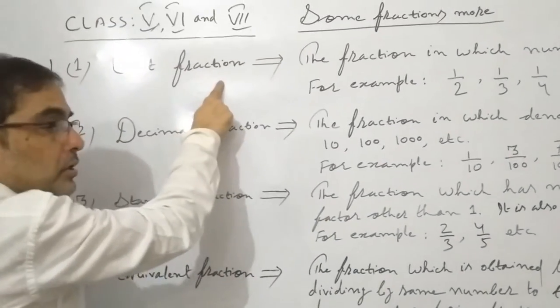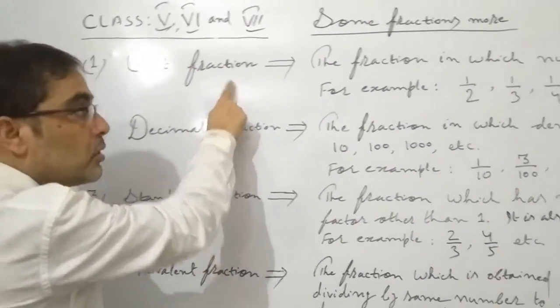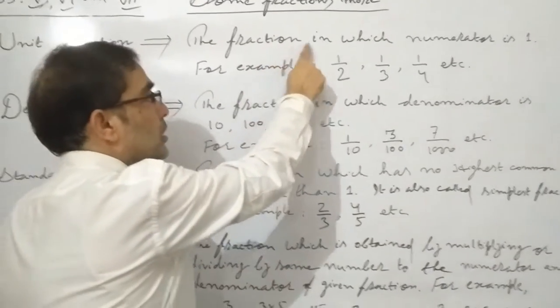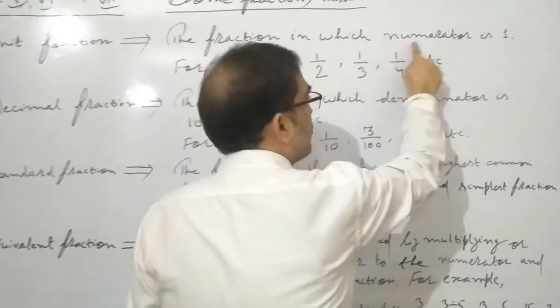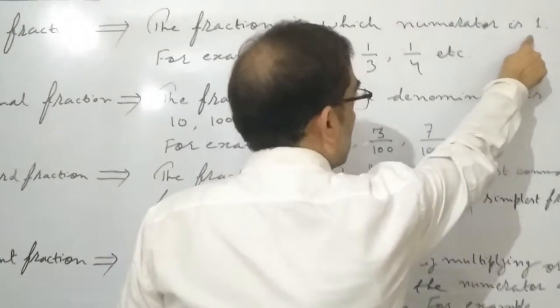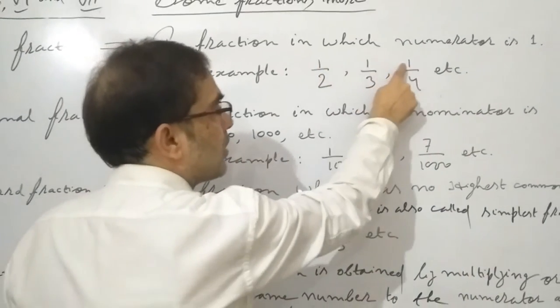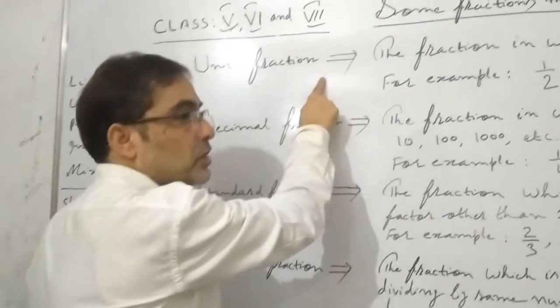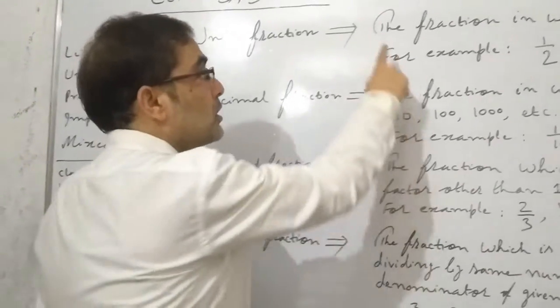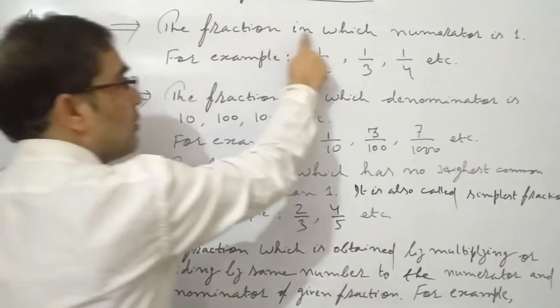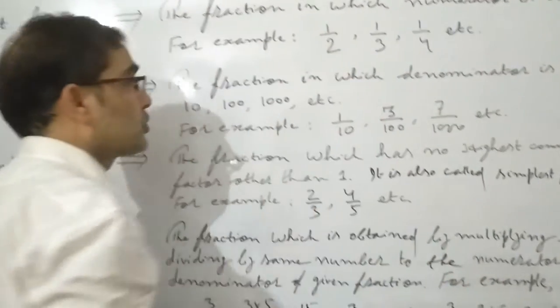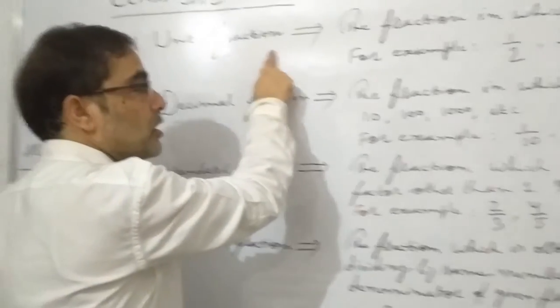First, unit fraction. You have to know the fraction in which numerator is 1 is called unit fraction. Again I say to you, the fraction in which numerator is 1 is called unit fraction.